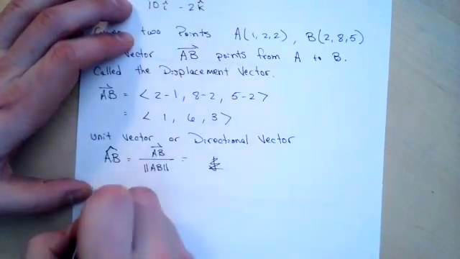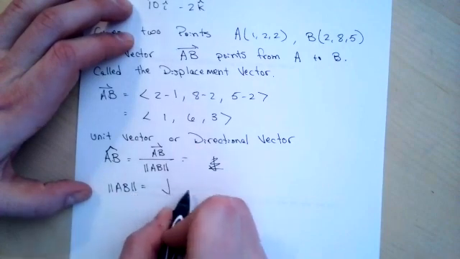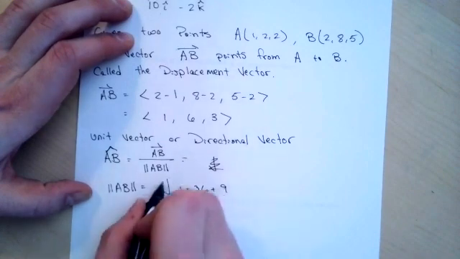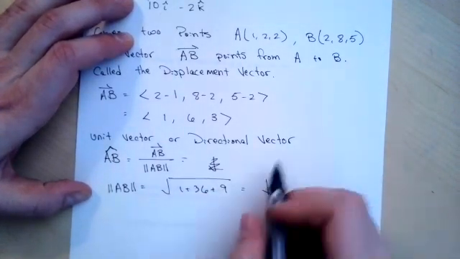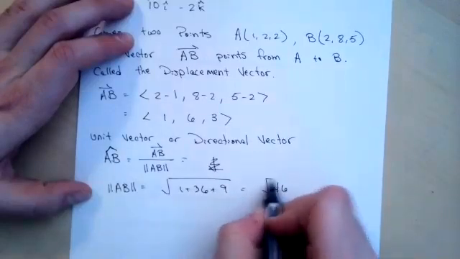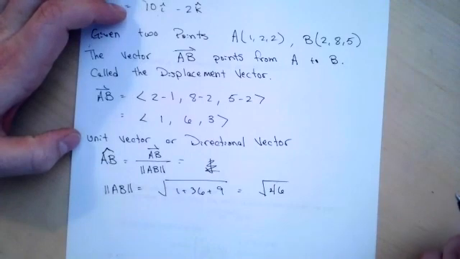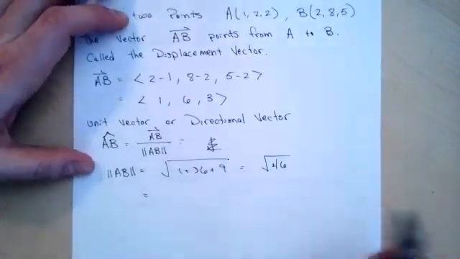Here, let's do it in parts. Magnitude of AB is square root of 1 plus 36 plus 9, which is going to be square root of 46. And I don't know if we can simplify that root anymore. I'll leave that to you guys if we can.